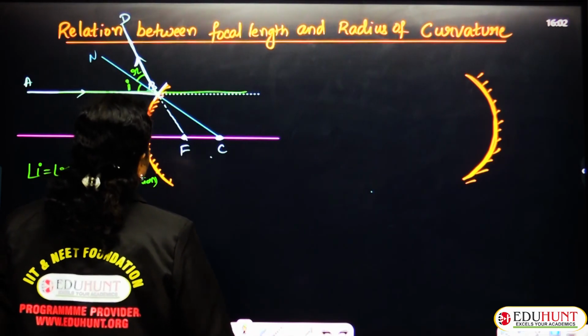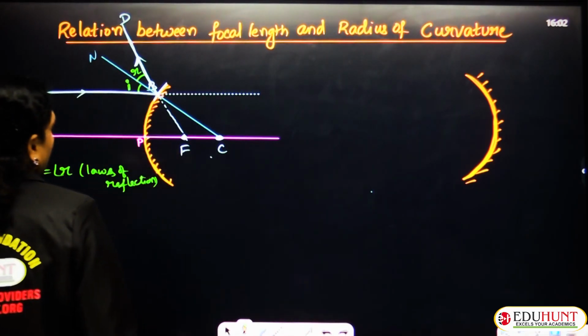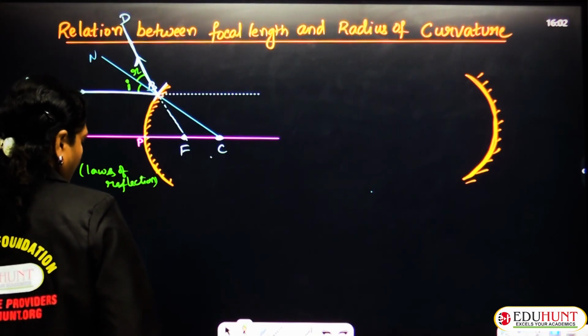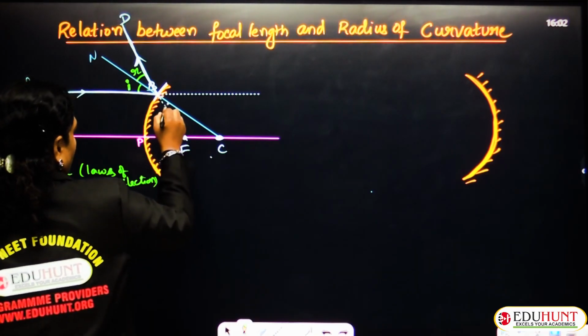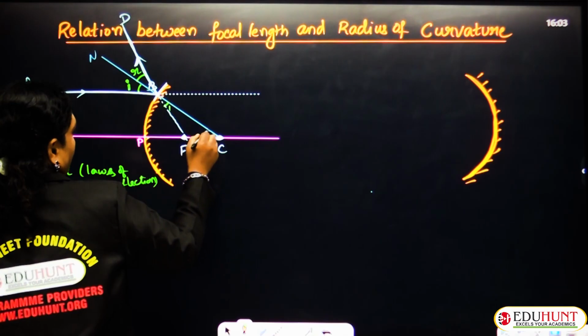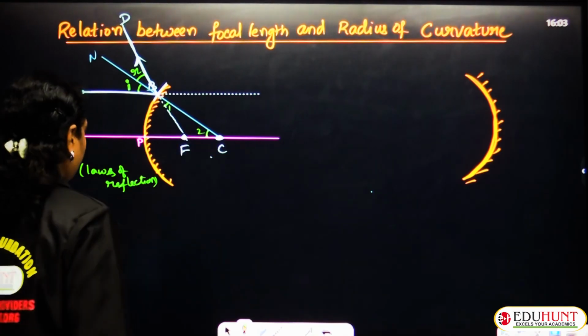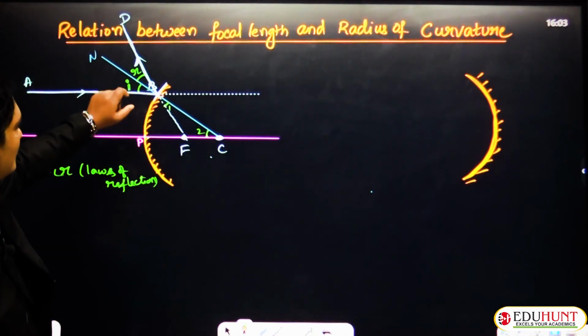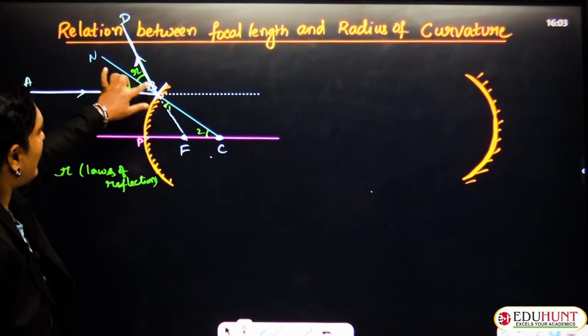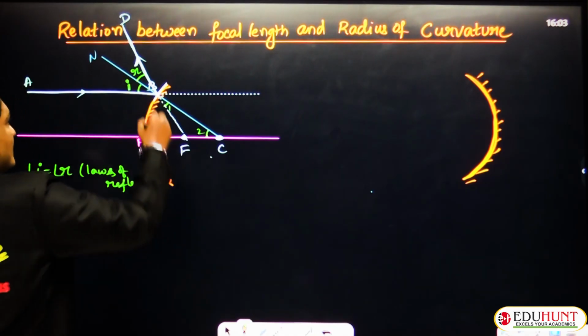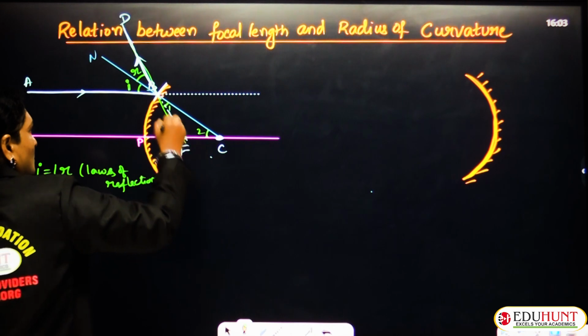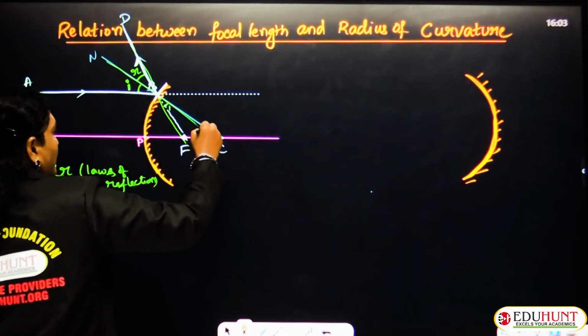Let us name the picture like this. Let this be angle 1 and here some angle 2. From this picture it is very clear that angle I is equal to angle R. These two are intersecting lines.